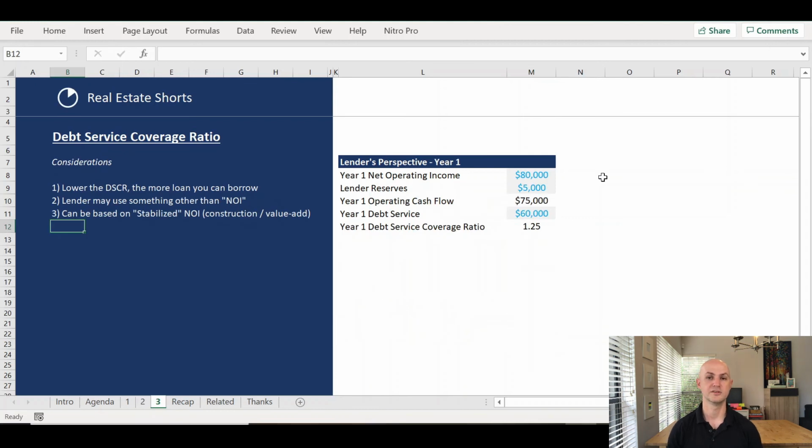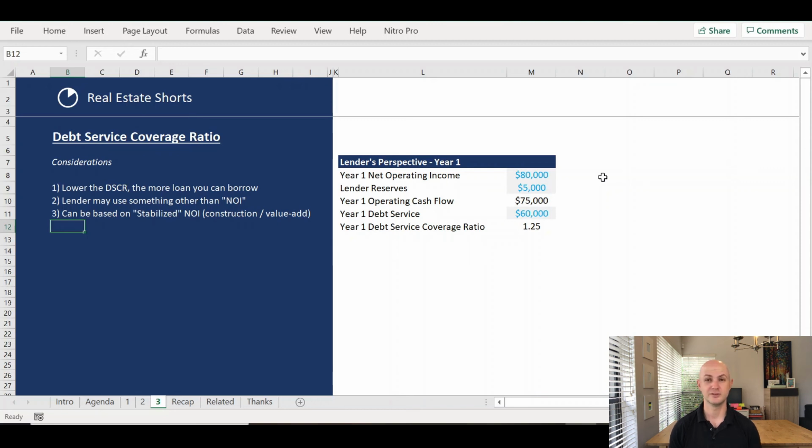So some important considerations to keep in mind. The first and probably most important is that every lender is likely going to have a different definition of net operating income, of the numerator of this ratio. So let's say, for example, the lender acknowledges that you do have $80,000 worth of income. However, what if they want you to have a reserve of some kind?